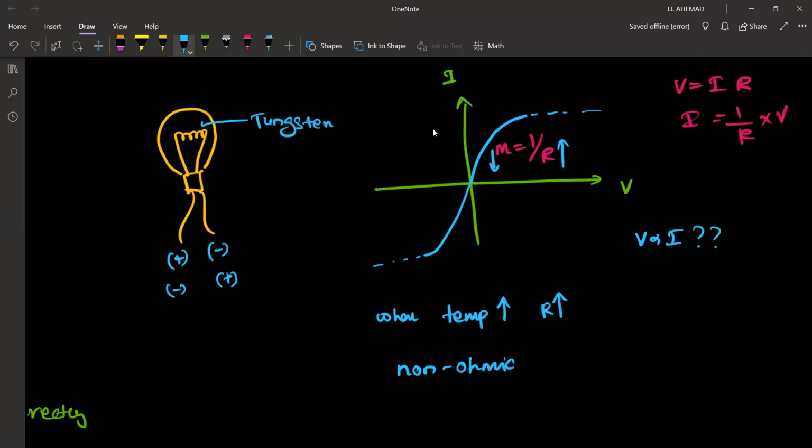If V is proportional to I, we get a straight line, but this time we get a curve. Therefore, it's non-ohmic.